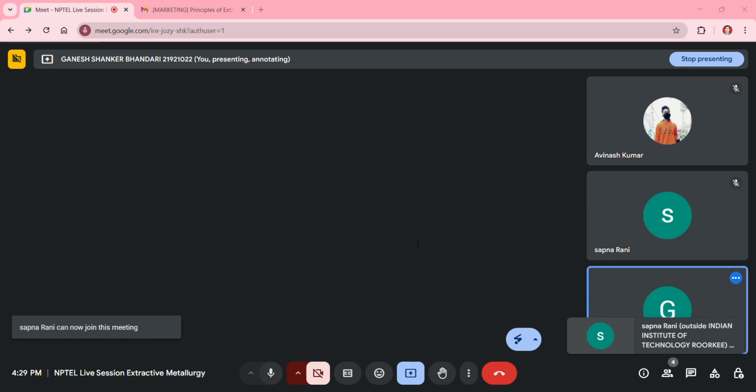Second comes mineral. A mineral is a type of rock which has a defined composition or formula, consisting of one or more metals in association with non-metals.